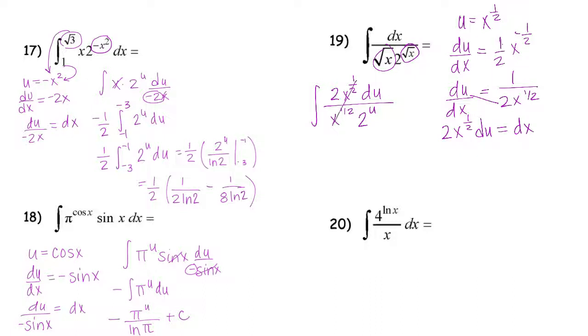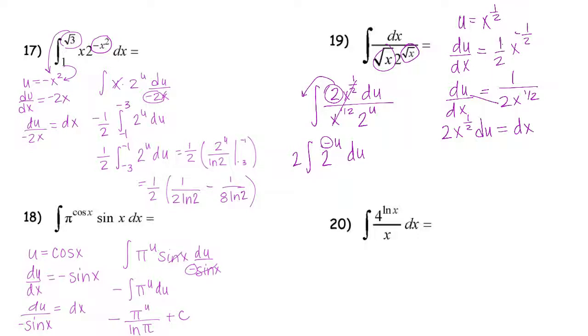And so we can cancel these out, and this 2 I'm going to move outside. And so we have 2 times the integral, and I'm going to flip this over. This is 2 raised to the negative u du. So it's going to be the same formula we've been working with, however it's going to be a negative because of that exponent being negative.